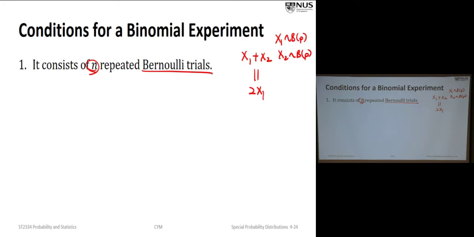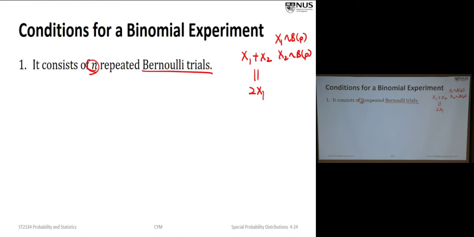X1 can be a success, x2 can be a success or a failure. How can x1 equal x2? X1 equals x2 only in the sense that they follow the same distribution. Same distribution does not mean that the outcome will be the same.